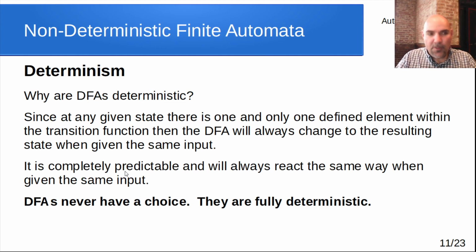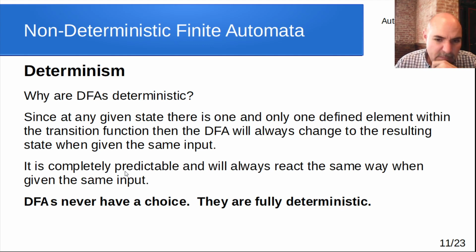You can't have multiple things in the domain. So there's one thing that leads to one resulting state. At every step of the way, it's going to do the same thing given the same input. It's never going to take any different action when you feed it the same input. So it's completely predictable, and you'll always end up with the same result for some given string.